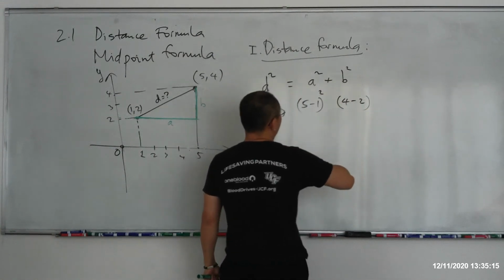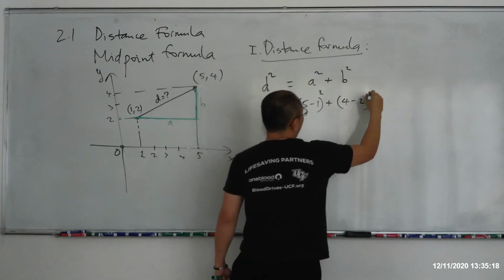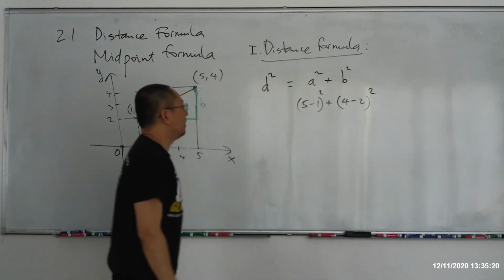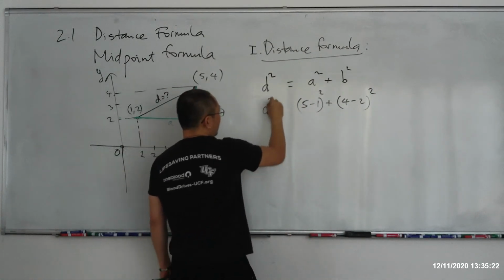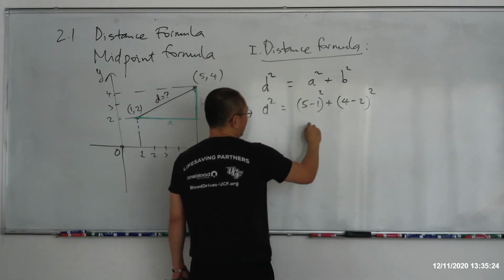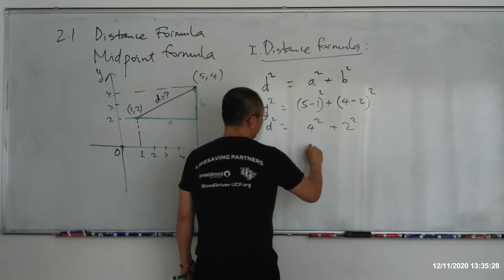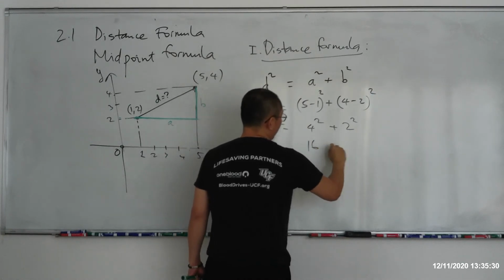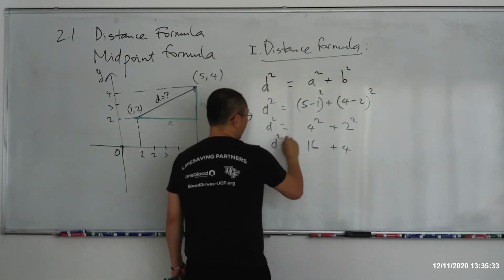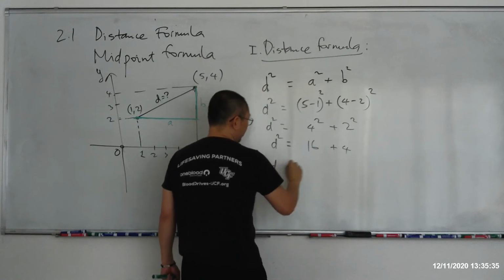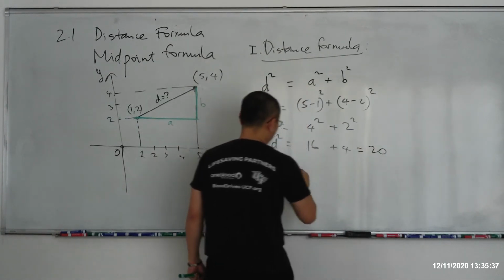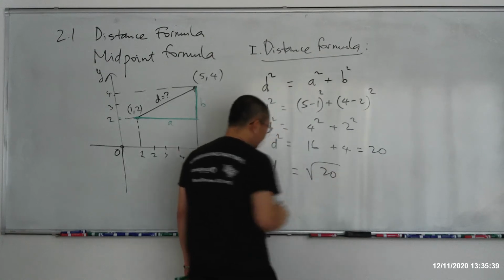So (5 minus 1) squared is A squared, plus (4 minus 2) squared is B squared, equal to D squared right here. And of course, plug in the numbers. This is 4 squared plus 2 squared. 4 squared is 16. 2 squared is 4. And this is D squared. And then you take the square root, equal to 20. Right? So D is the square root of 20.